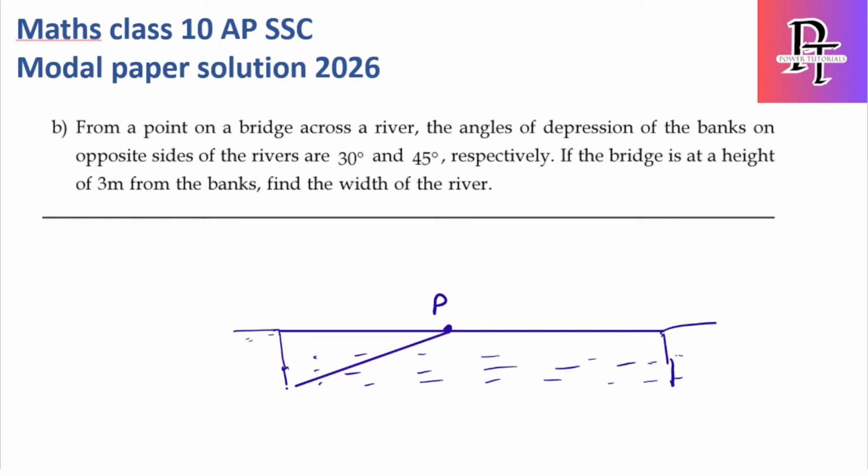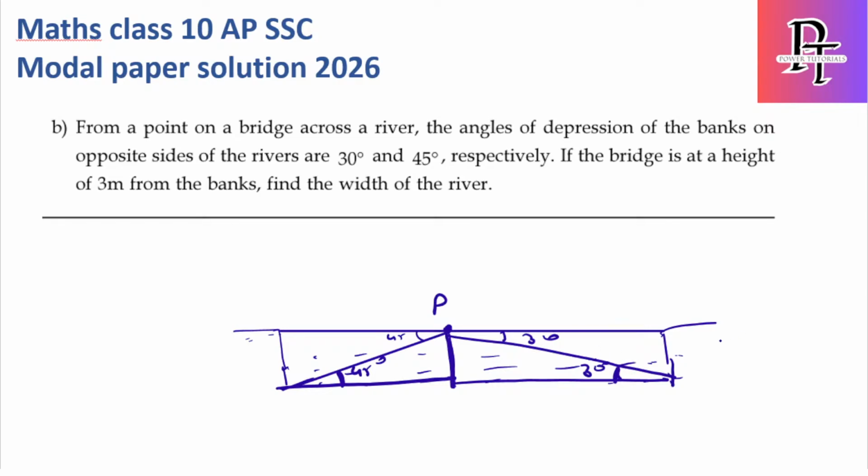If you consider this as a triangle, this angle is 45. Same as if you consider the other end, the angle of depression they're saying is 30, so this angle is 30.